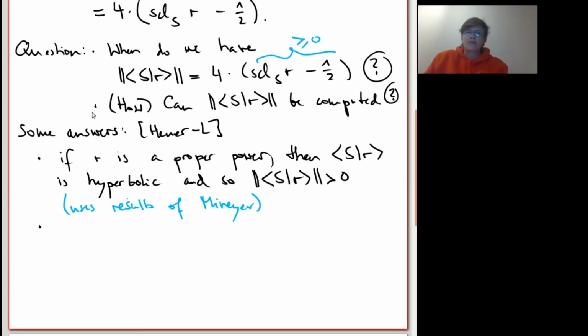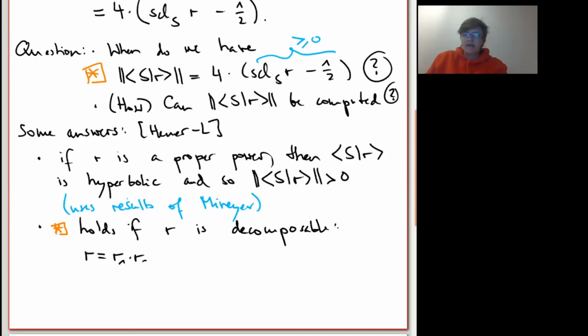So let's call this star. Star holds if the relator R is decomposable. I'll say what this means. It means that the relator is either a product R1 times R2, where these two parts live on different generators, or the other case that you could have is that R is such a mixed conjugation.